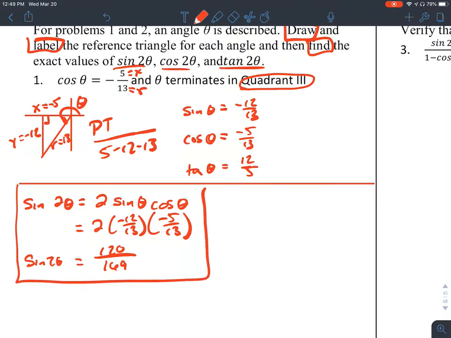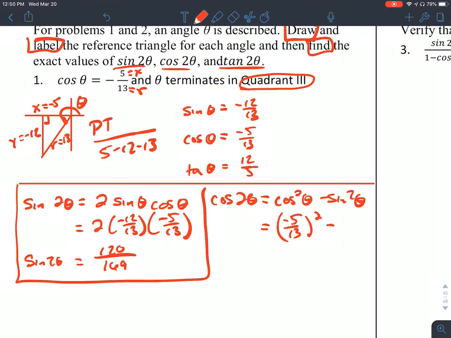Now let's figure out what cosine of 2 theta is. There are several versions of the double angle identity for this. I'm going to use the cosine squared of theta minus sine squared of theta. That's the one that I typically like to use. We have above that cosine of theta is negative 5/13. That fraction's being squared.